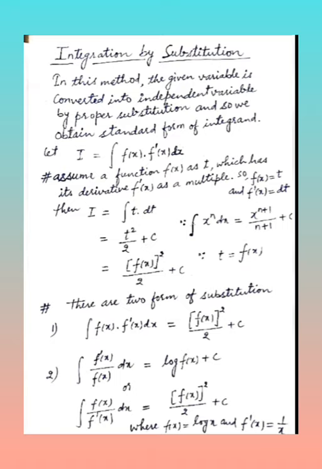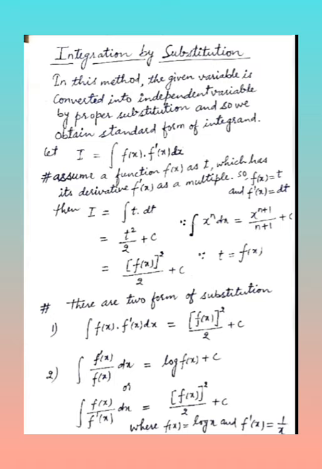There are two forms of substitution. First form is integration of f(x) into f'(x) dx. Its result is f(x) raised to power 2 upon 2 plus c. And the second form is integration of f'(x) upon f(x) dx.